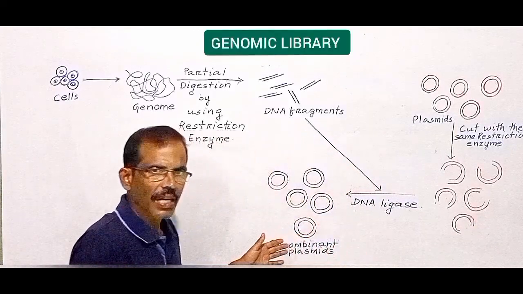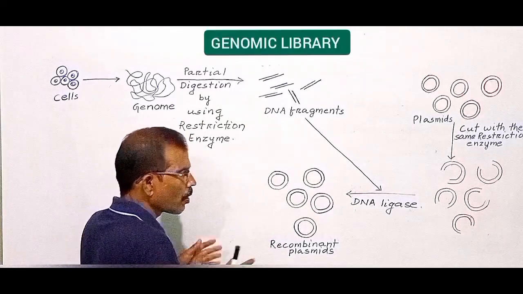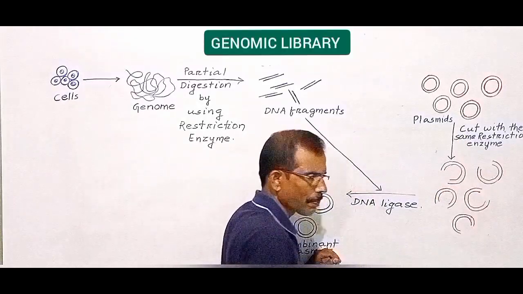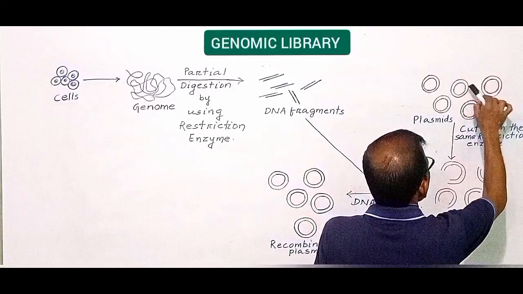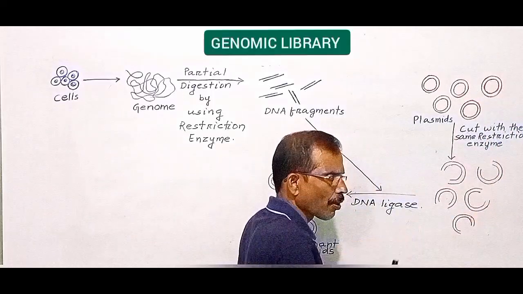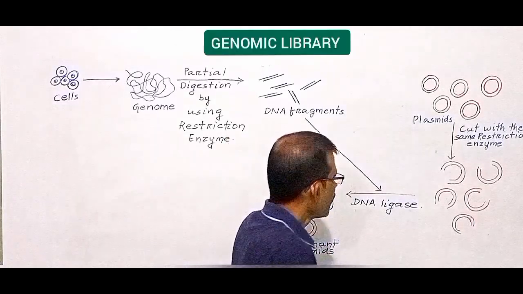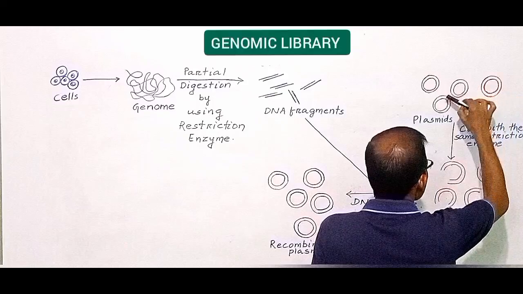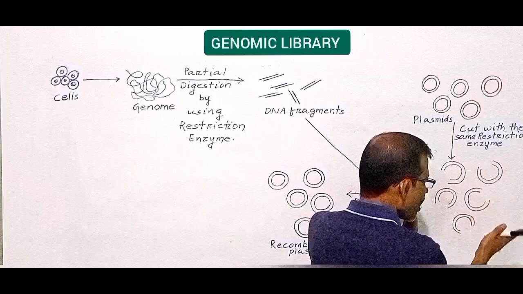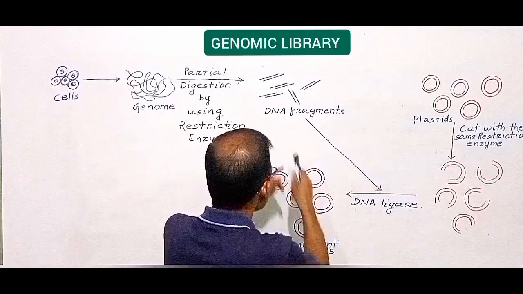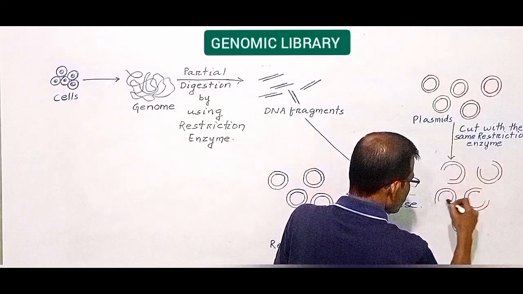Same restriction enzyme should be used for fragmentation of genomic DNA and also for the linearization of the plasmids. Restriction enzyme recognize specific sites on these plasmids and cleave at that point, thereby yielding sticky or cohesive ends. As a result of cleavage at the specific recognition site, the plasmids now become open or linearized, after which the DNA fragments can be easily inserted into these linearized vectors.